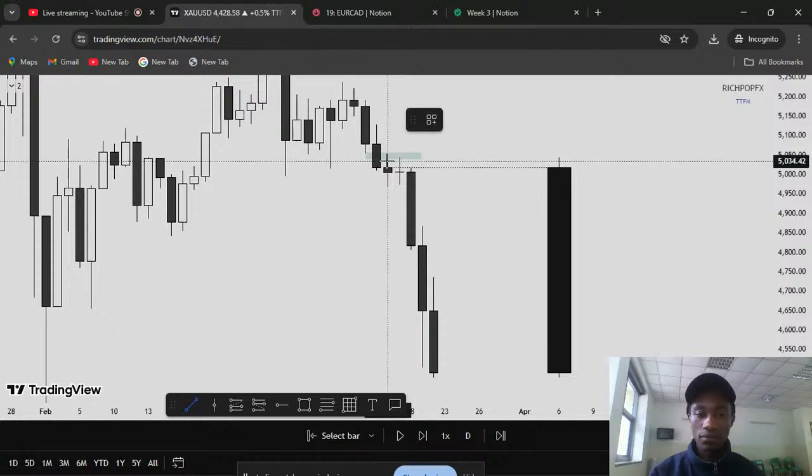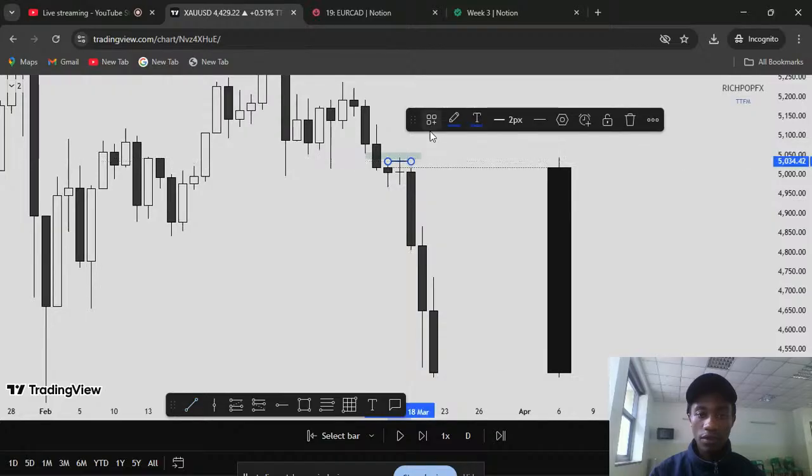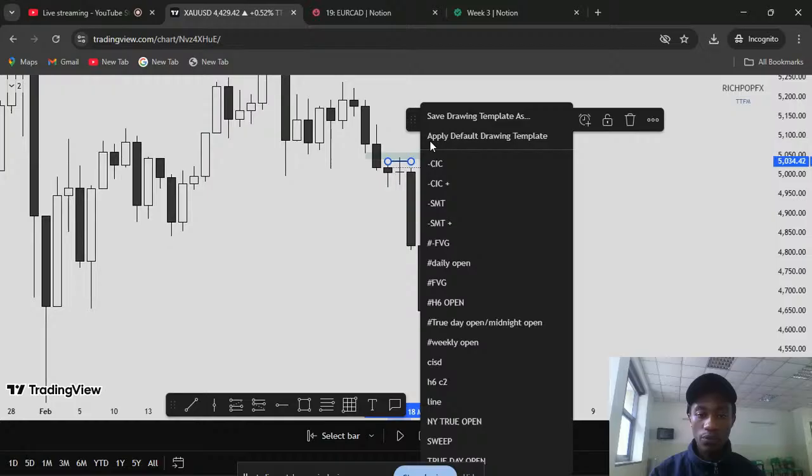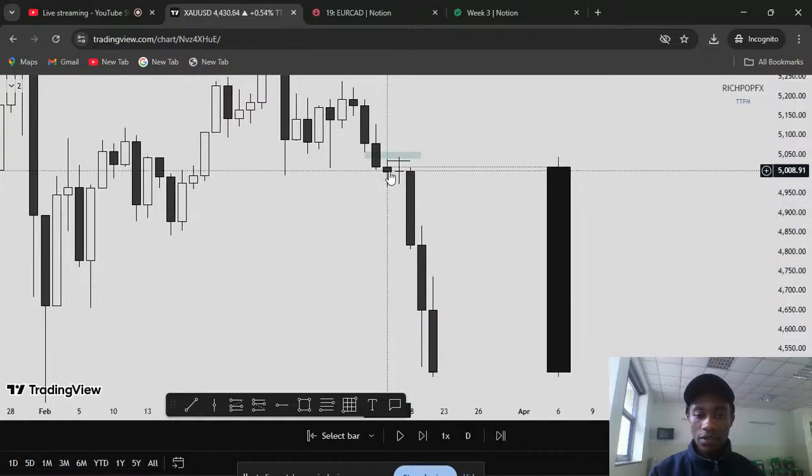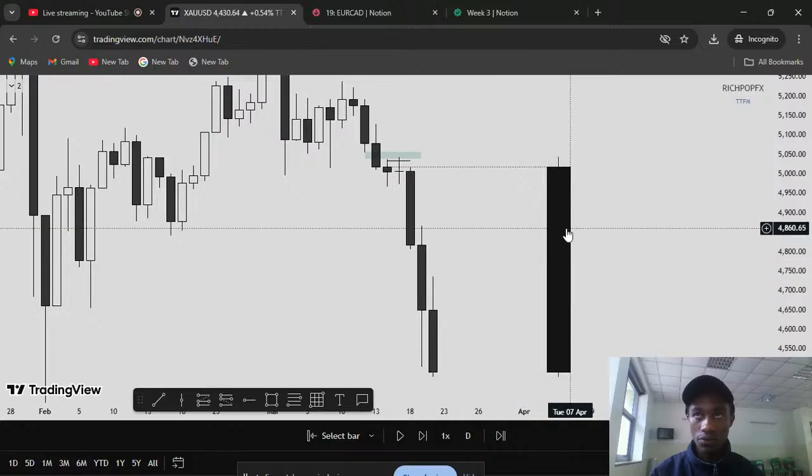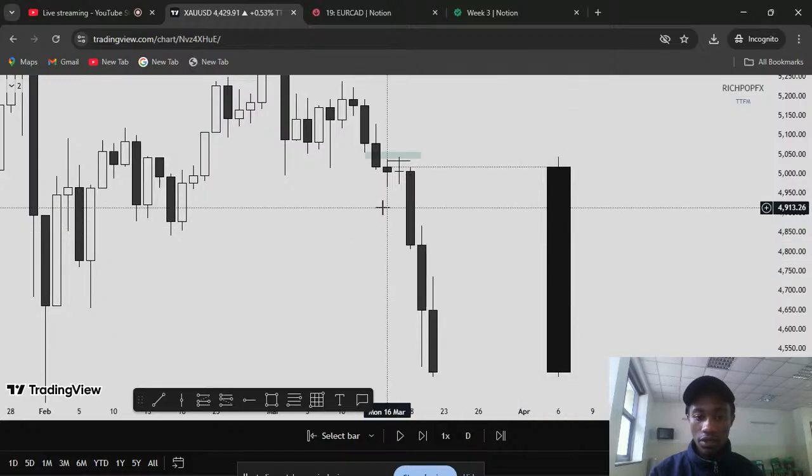We had this candle close on Tuesday, right? Monday opened this weekly candle, this previous weekly candle, and we did nothing.